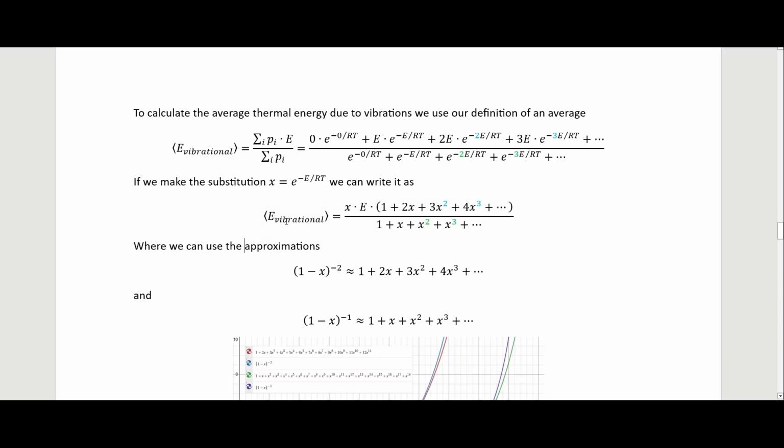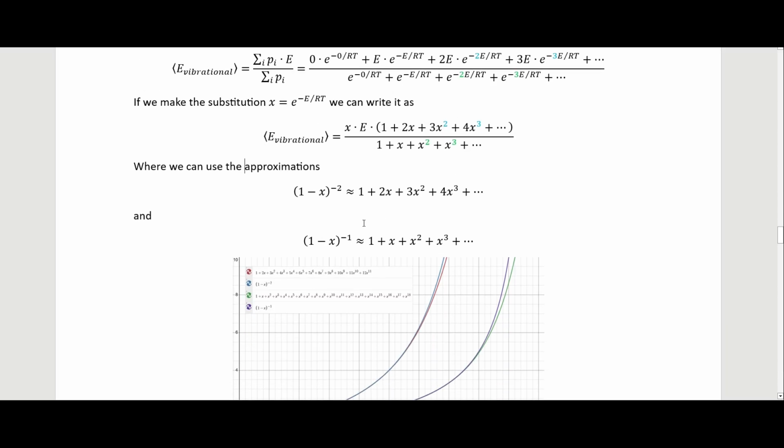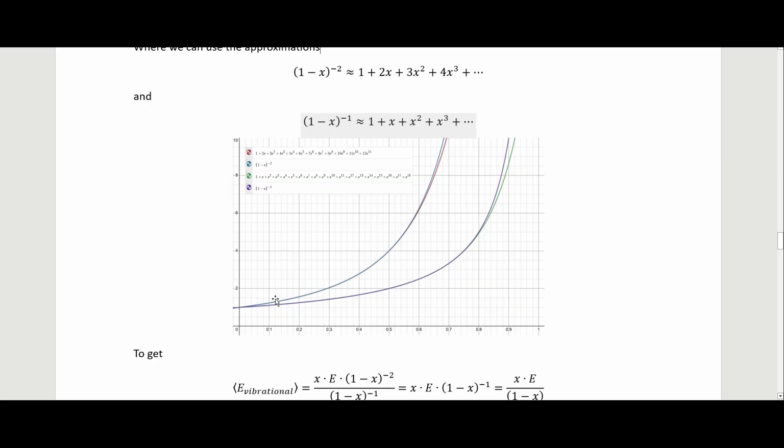Then we can use some approximations here. What we see is that this thing at the top, which is this power series right here, can be approximated as (1 minus x) to the power of negative 2. And this thing on the bottom right here can be approximated as (1 minus x) to the power of negative 1. And I put this here just so you can see that, especially at these lower numbers right here, these are very good approximations.